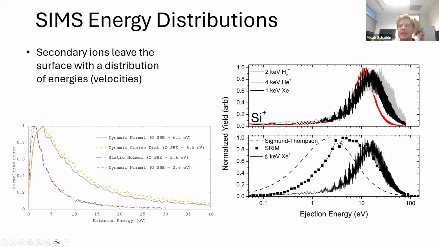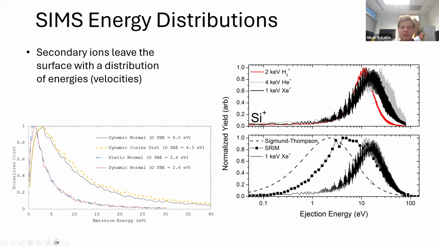So when we look at, you focus mostly on the right here, the predicted Sigmund-Thompson energy distributions for sputtered species versus the SRIM calculations of those energy distributions, we see that when we measure the actual secondary ion energy distributions, they peak at a much higher energy, around 10 eV, almost an order of magnitude higher than you would expect for the sputtered neutrals.